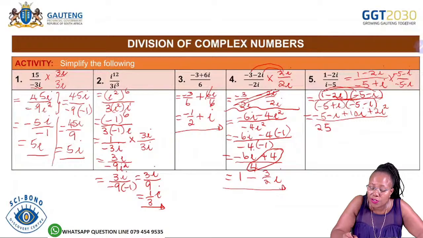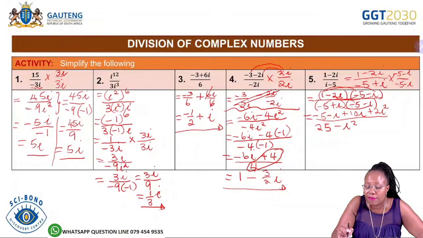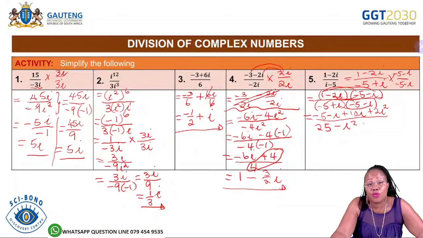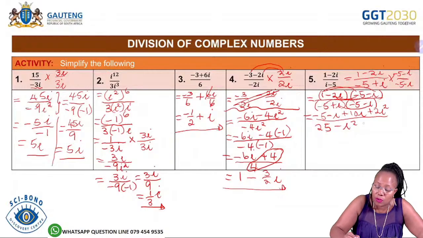Because these are a difference of two squares, we multiply only the first and the last terms. i times minus i is negative i squared. Because when you say minus 5 times i, it will be positive 5i, and i times minus 5 is minus 5i. They will cancel each other eventually. You will end up with only 25 minus i squared.